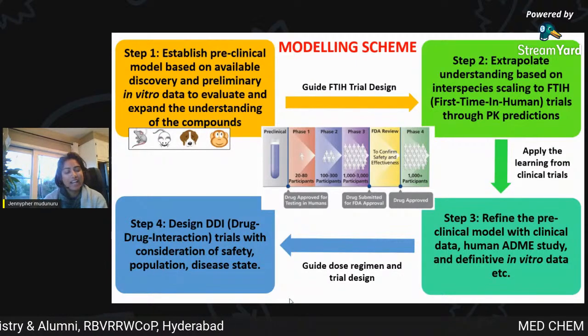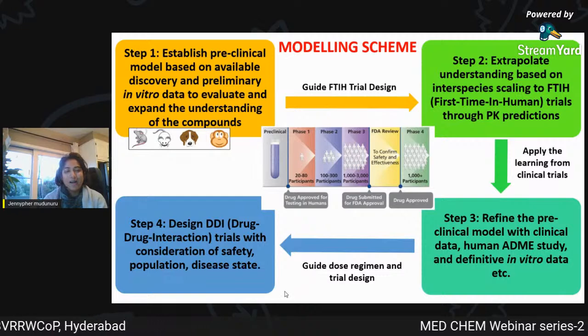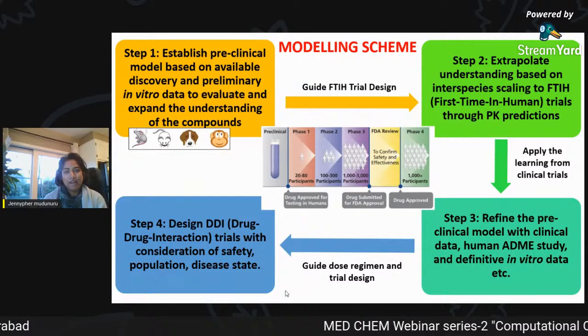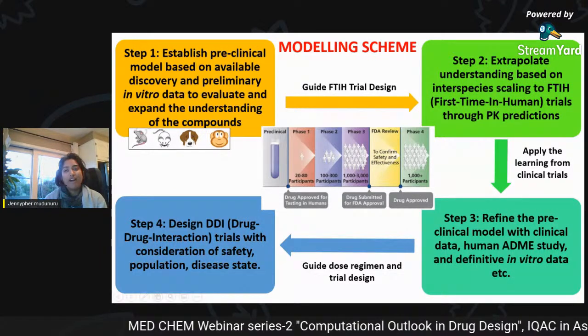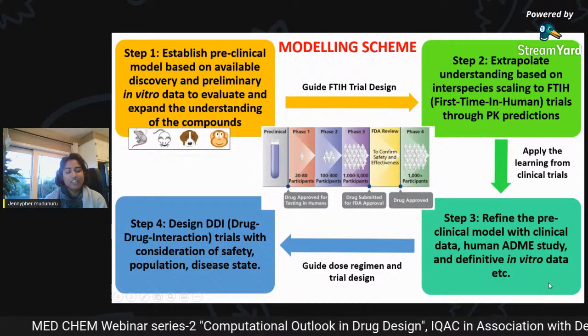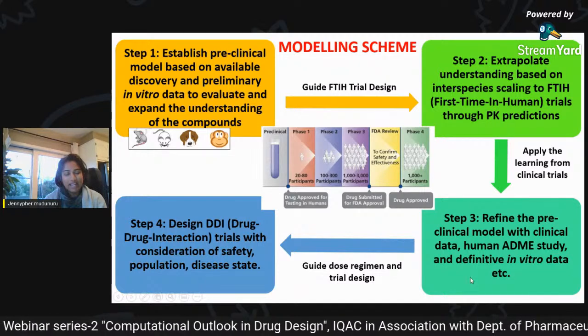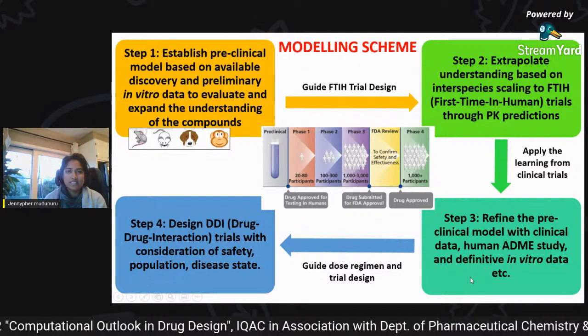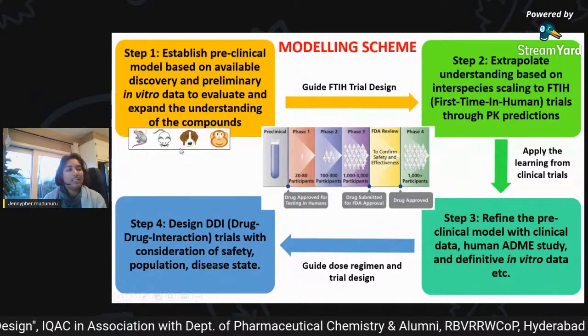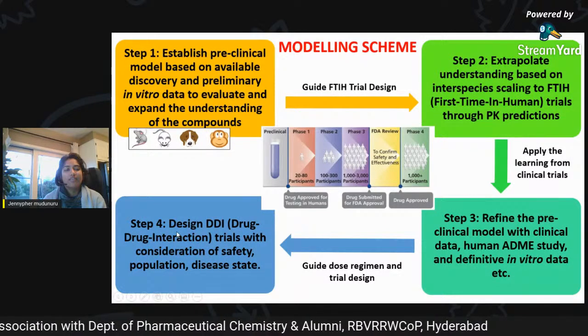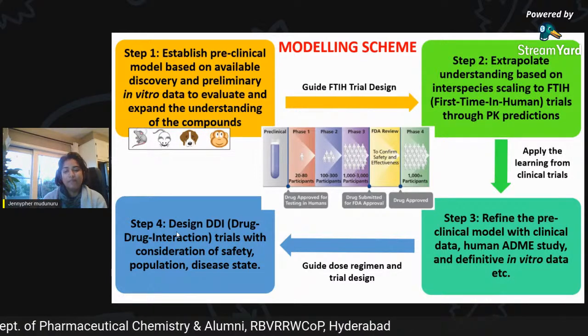I have a slide to show you where all it can be applied. If you build one model and verify it or upgrade it with your clinical data, and if you have enough confidence in the model based on the regulatory guidance, the applications of the model are way too many, and that's a good thing.